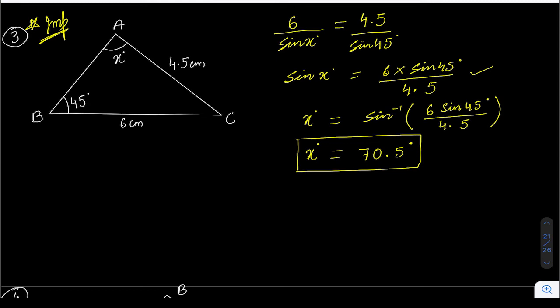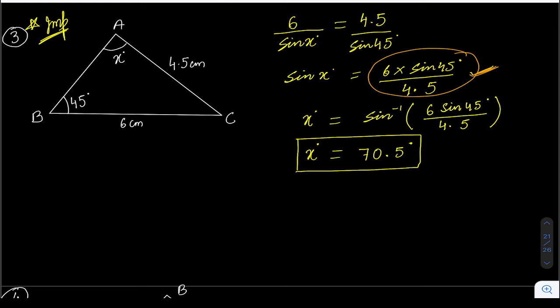Now you might be thinking, why is this important? What's the catch here? The catch is this. When we get sine x as 6 into sine 45 over 4.5, sine x equal to this is possible for multiple angles.